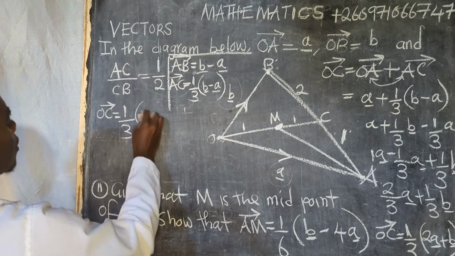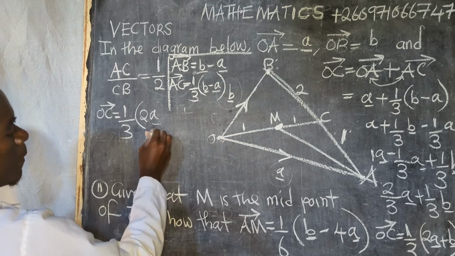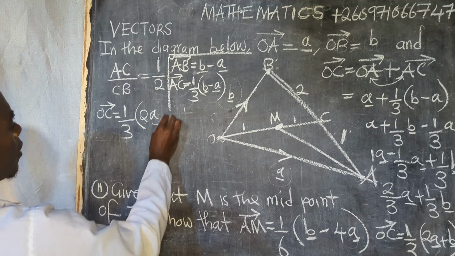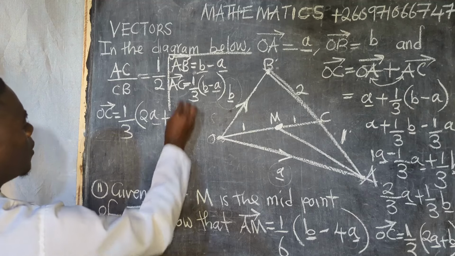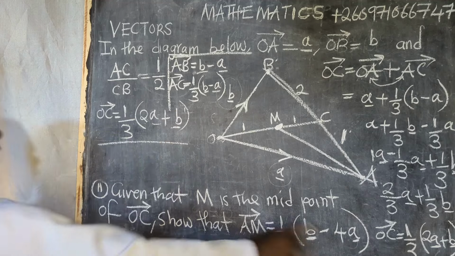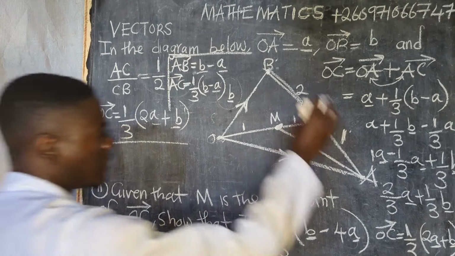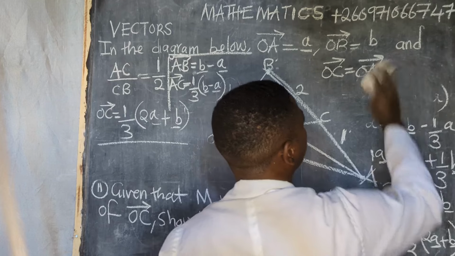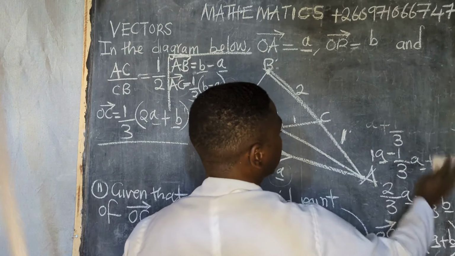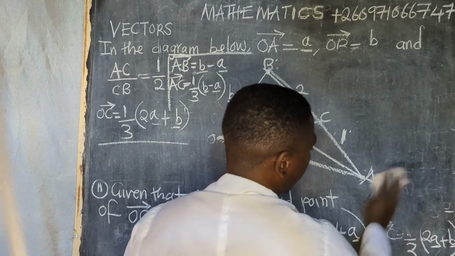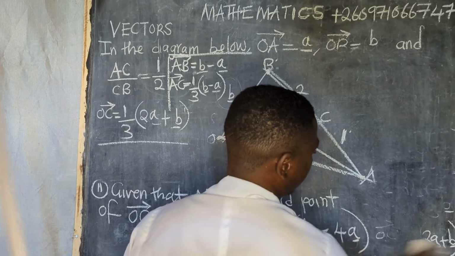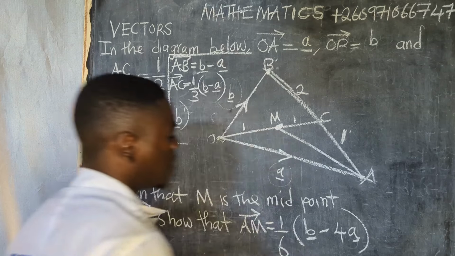So 2A plus B. That is the answer there. So I'm using this part to show what is happening. I want you to follow me clearly even as I explain this.